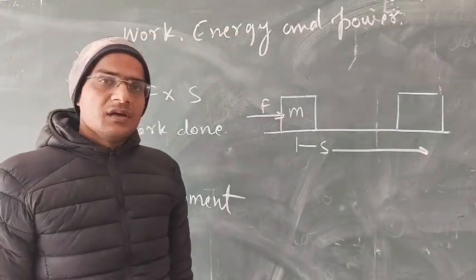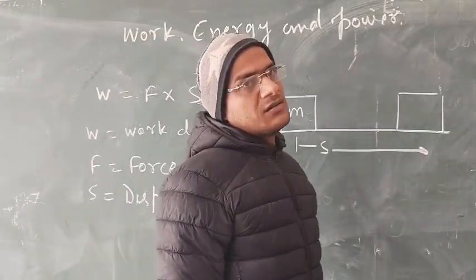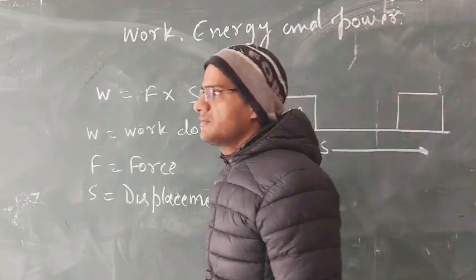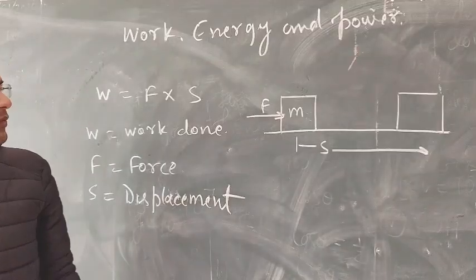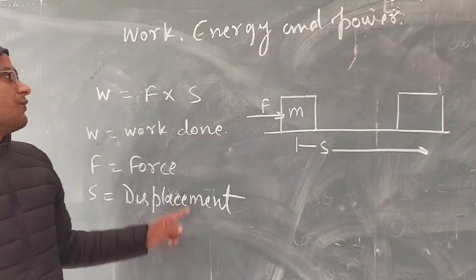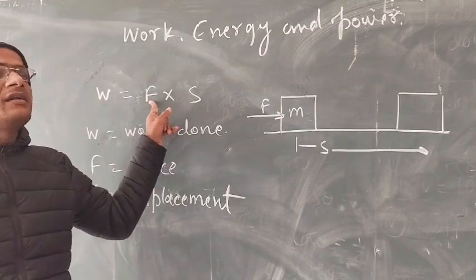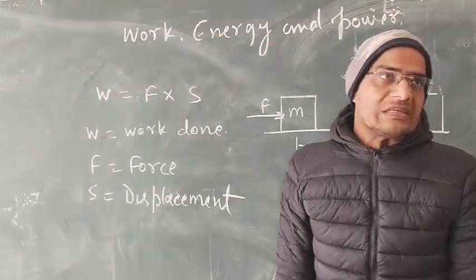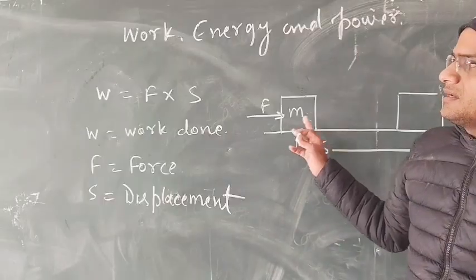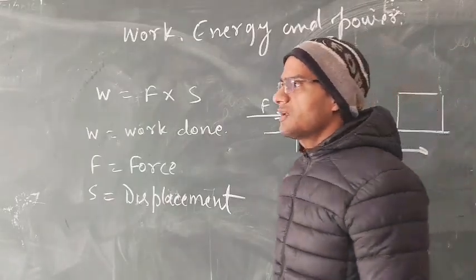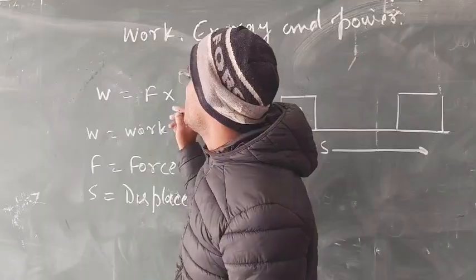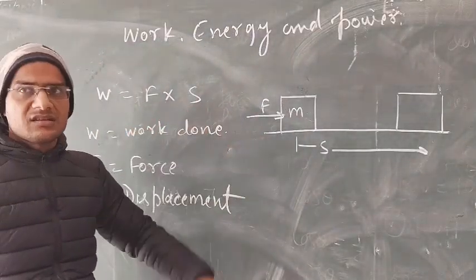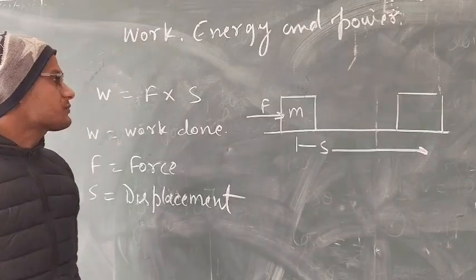Means if we are applying a force on any object and the object does not displace, then the work done by the force will be 0. Work will be done only when we apply force and the displacement of the object is along the direction of the force.